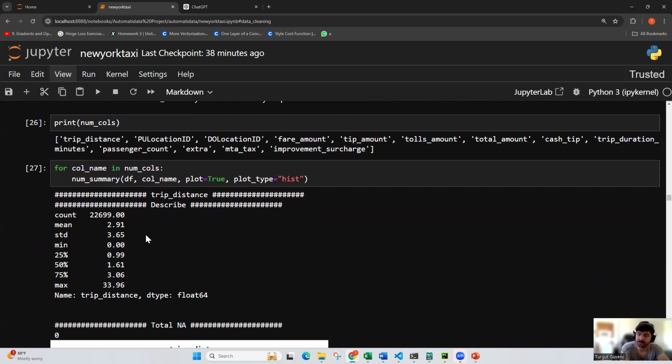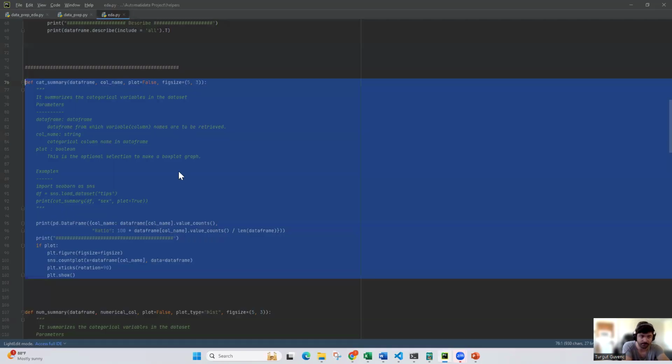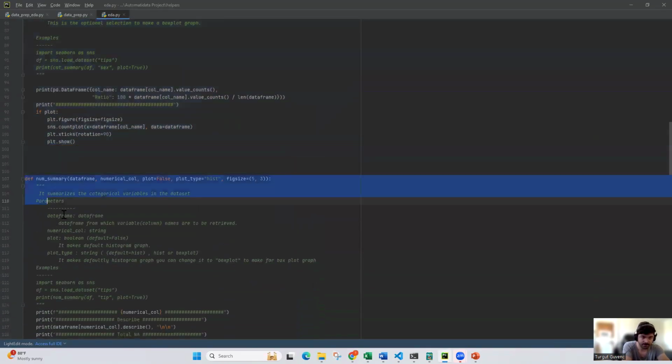What this function does is, for each column, use the describe function to give us the statistical observations for each value. Let me show you real quick. This is the num summary function.